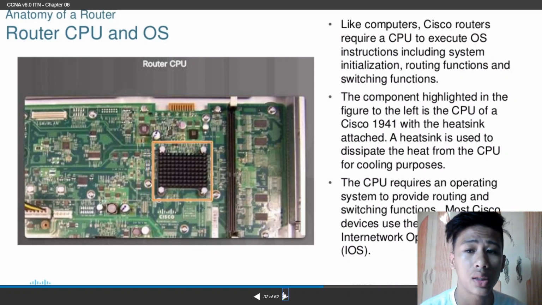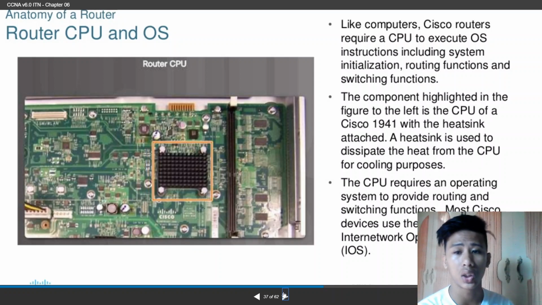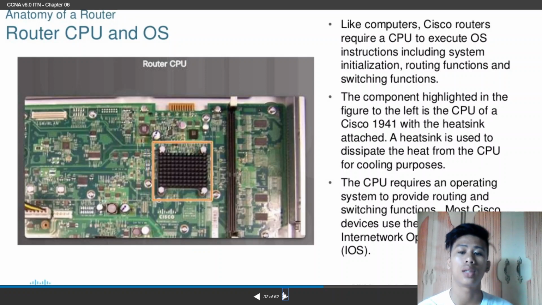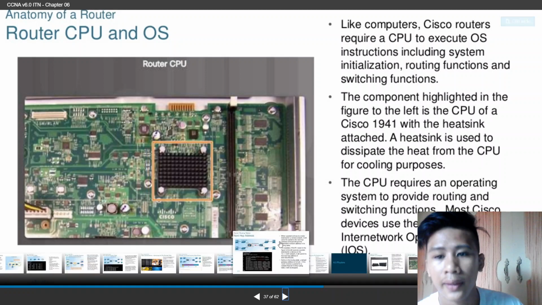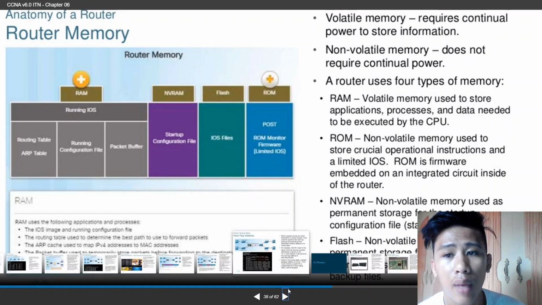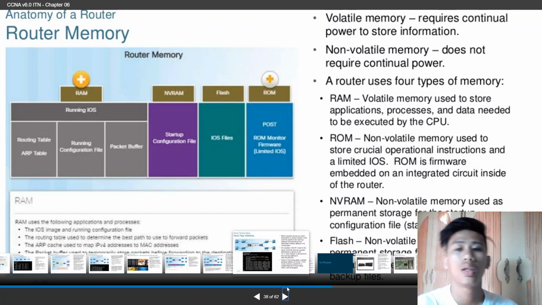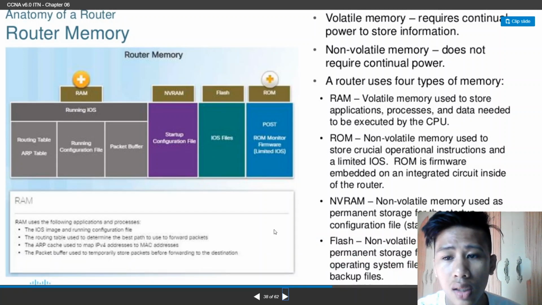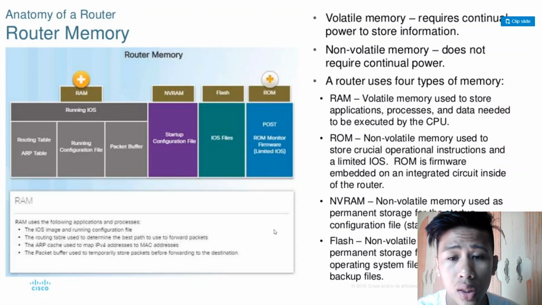Cisco routers require a CPU to execute OS instructions, including system initialization, routing functions, and switching functions. Router memory can be volatile, which requires continual power to store information, or non-volatile, which does not require continual power. There are four types of memory: RAM, ROM, NVRAM, and flash.